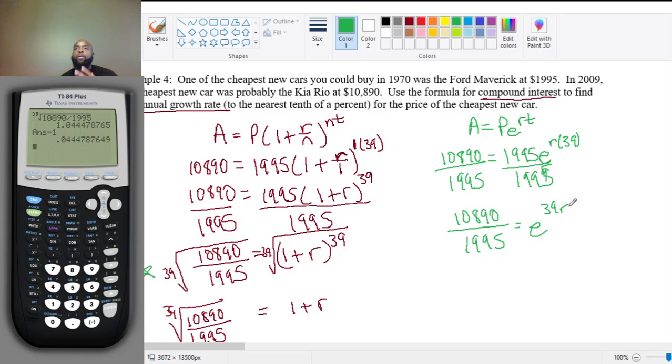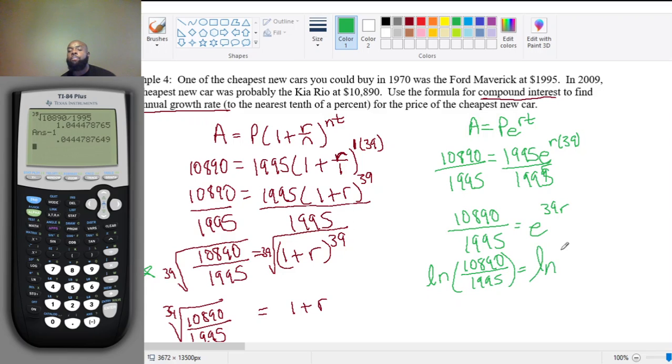The logarithm is the inverse of the exponential function, so we can take the natural log of both sides. I know this side is positive, so the natural log exists, and e to any power is always a positive number, so this is positive. When both sides of your equation are positive and you want to solve for a variable in an exponent, you can always take the natural log of both sides.